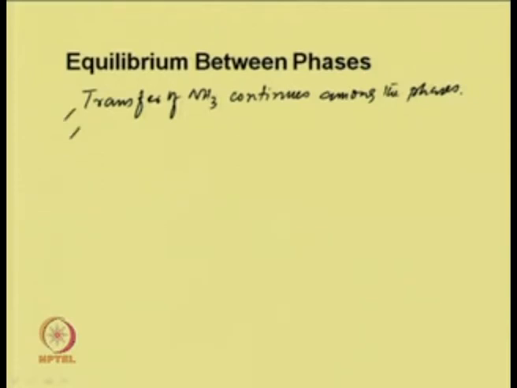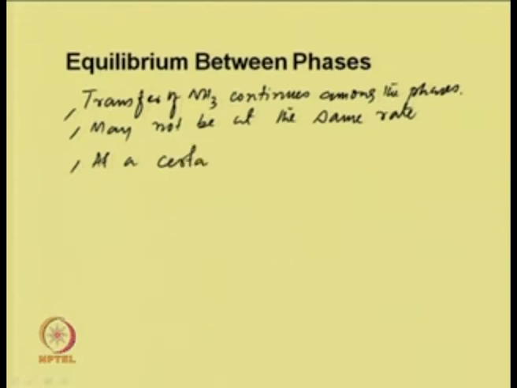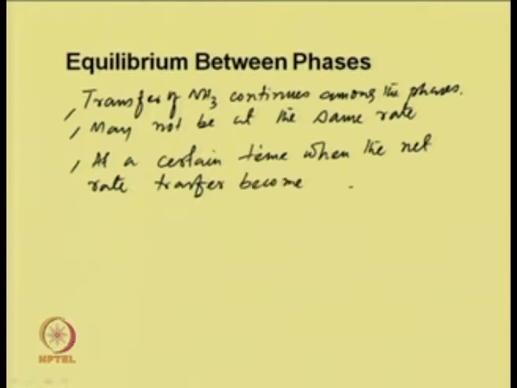And they may not be at the same rate. So, at a time when the net rates of transfer become equal, then we say that the process is in equilibrium.